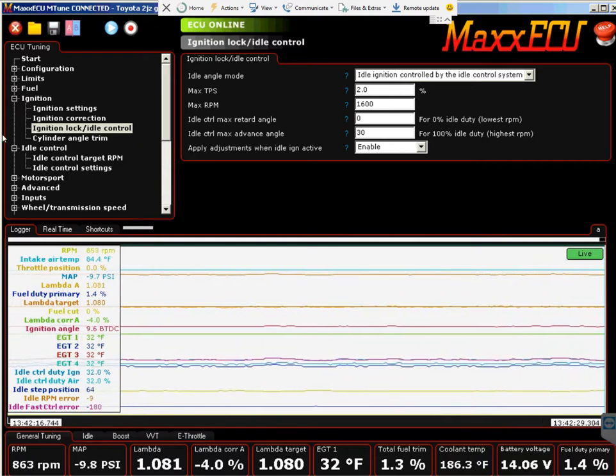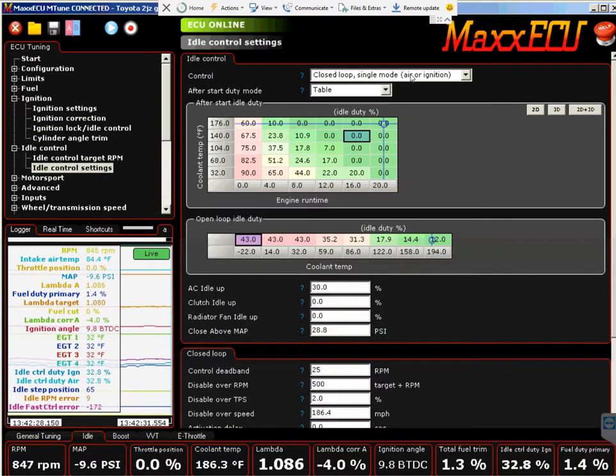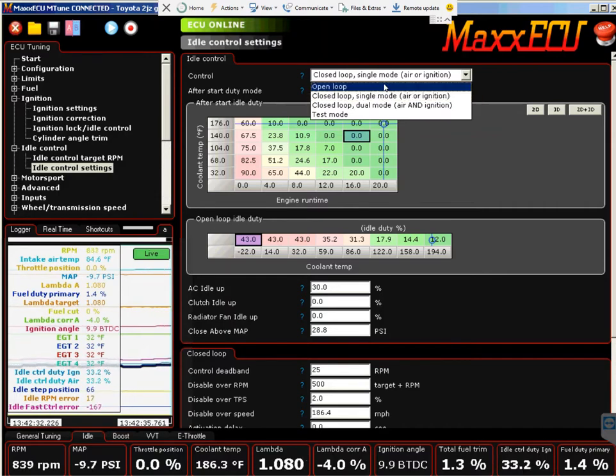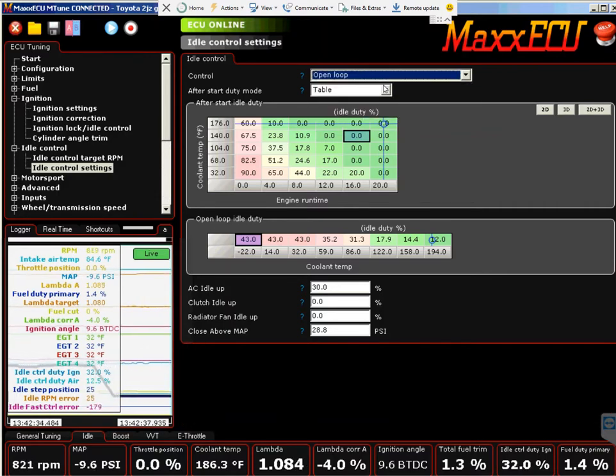All right, so I know what to show them now. So here we have. See, look, now the ignition timing is 9.6. Yeah. Which is exactly where it was when you did that.